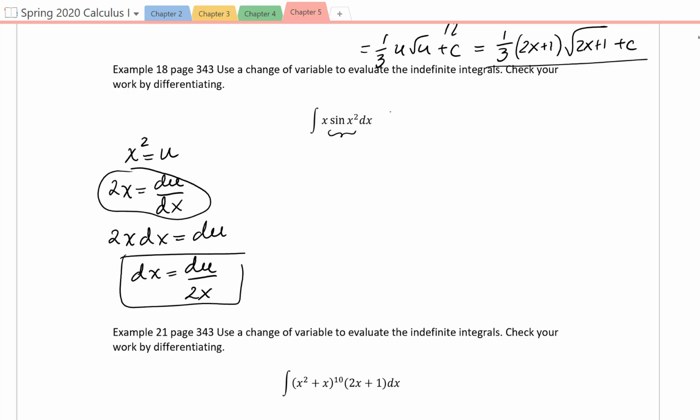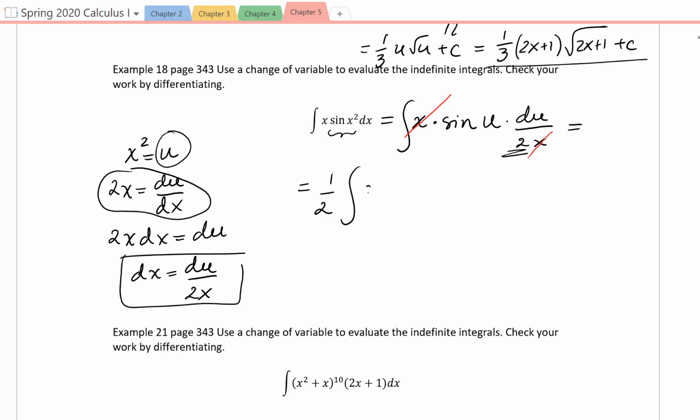Very important, keep in mind. So now integral of x, I copy it. Sine, I copy it. x squared, well, we plug in u. And then instead of dx, we put du over 2x. As you can see, the x cancels with x, so there is no problem. All our integral is in terms of u. There is a 1/2 here, which I factor out, sine of u du.